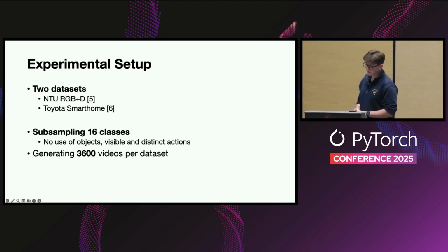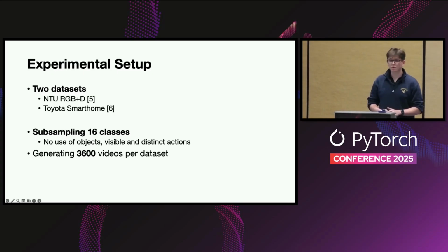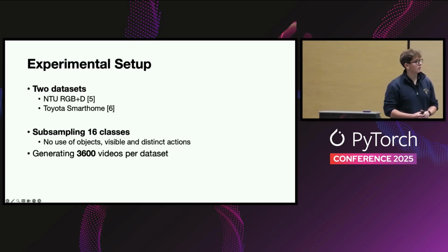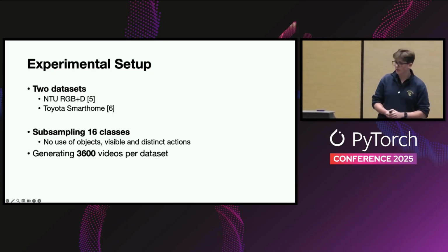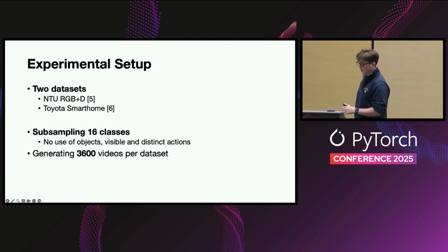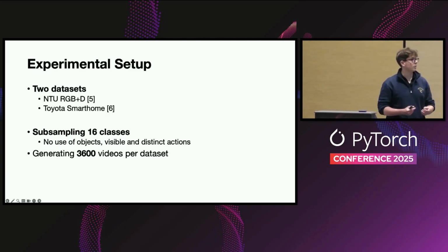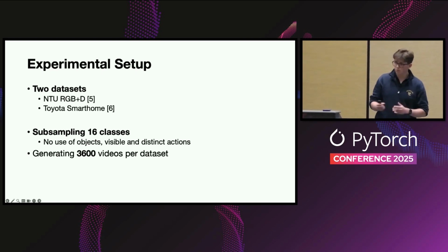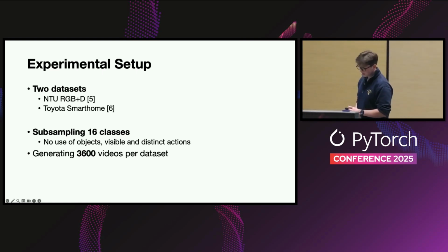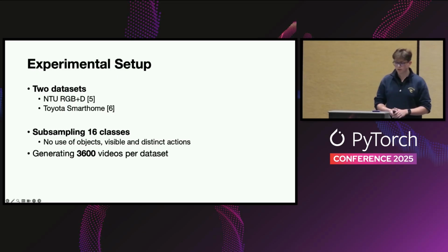And we subsample 16 classes because our method yet doesn't take care of multiple people in the scene or sometimes the use of objects. So we had to clear out those classes that had multiple people or objects. And per each dataset, we generated 3,600 videos.